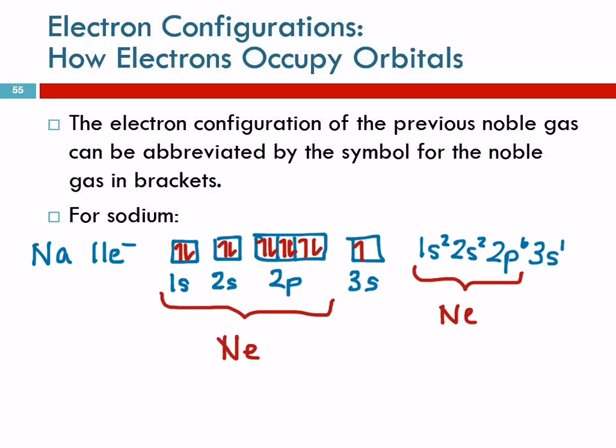So instead of writing that over and over again, we write neon in brackets. And so the abbreviation for sodium's electron configuration is neon's electron configuration with the addition of one electron in the 3s. So it's just shorthand. Does that make sense? Any questions?